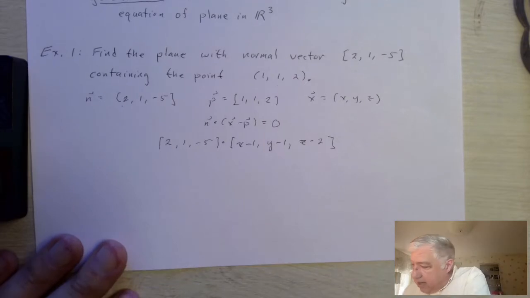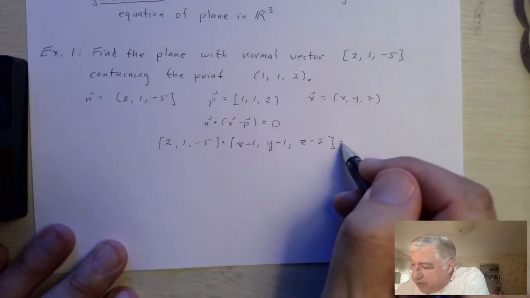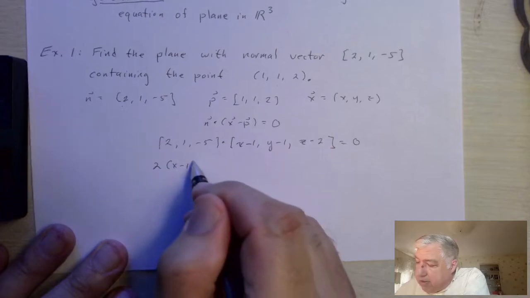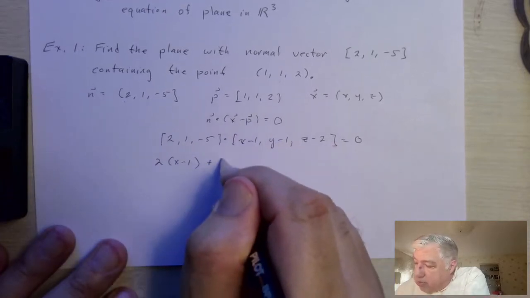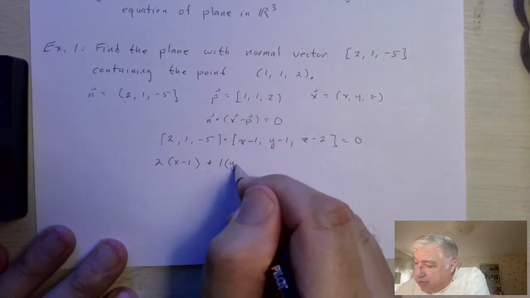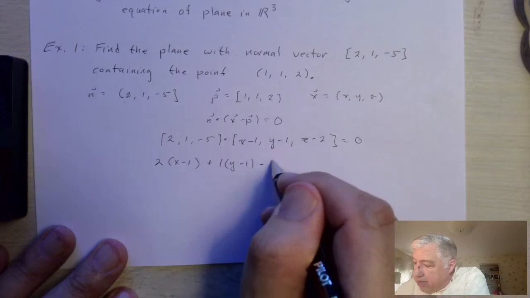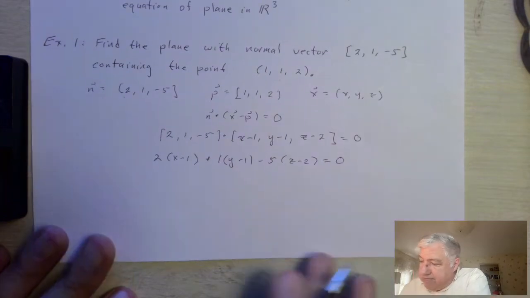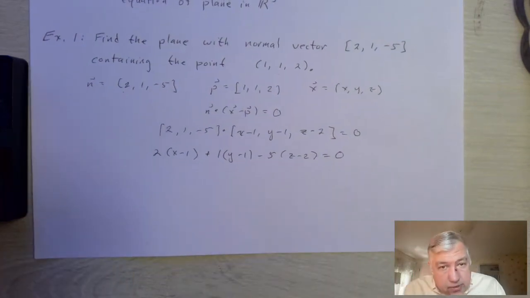With the dot product, we want this to be 0. So we get 2 times x minus 1 plus 1 times y minus 1 minus 5 times z minus 2 equals 0.